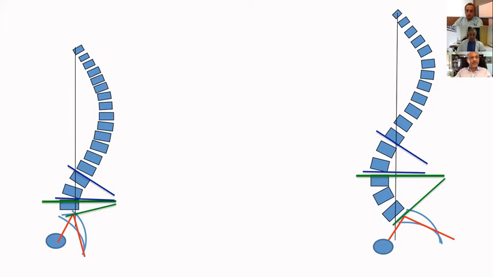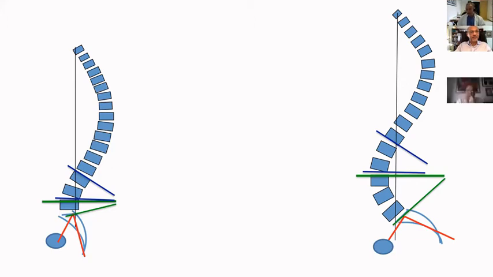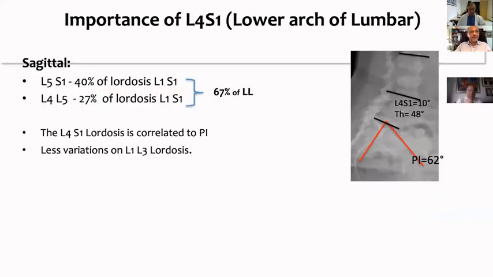Again, if you bring your lumbar lordosis by just hyperlordosing your upper lumbar spine, you might have a nice global balance, but not a good harmony, and we might have discomfort in the future.